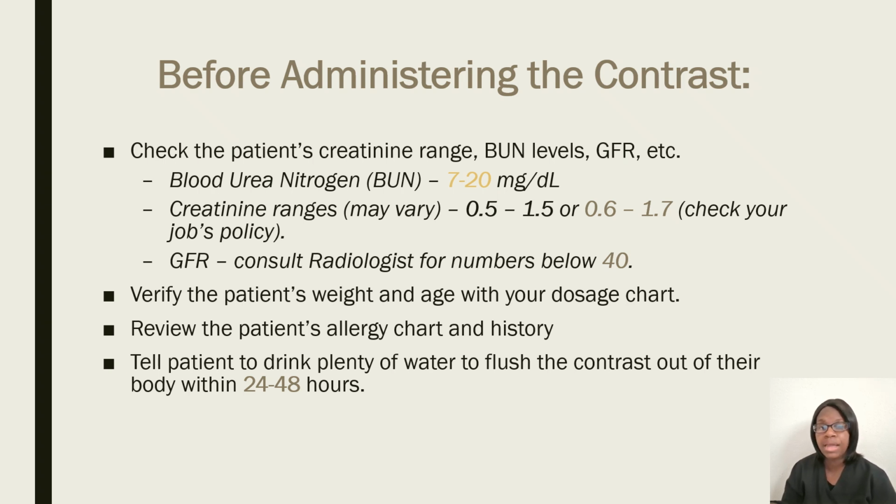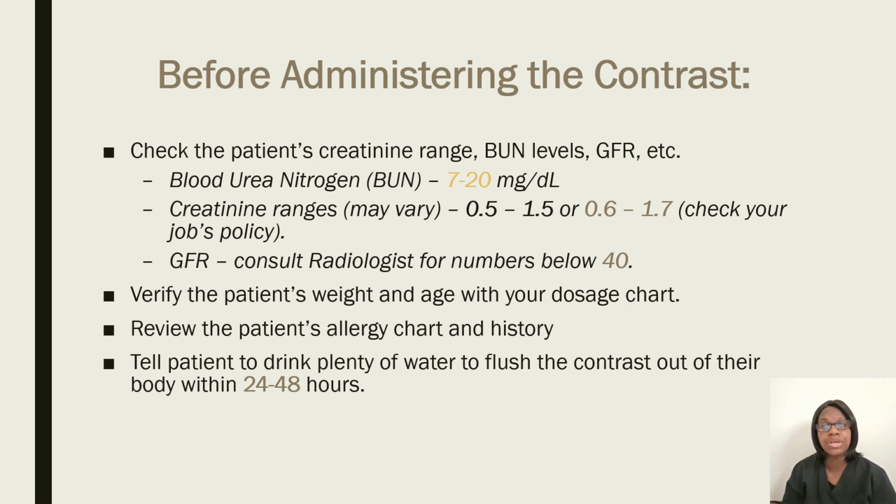So with the creatinine range, this is going to vary depending on what facility you work at. Medical is always changing the numbers when research studies are coming out. You even see that there are changes now with the lead apron shield. So for the creatinine range, that's going to be about 0.5 to 1.5 or 0.6 to 1.7, depending on where you work.